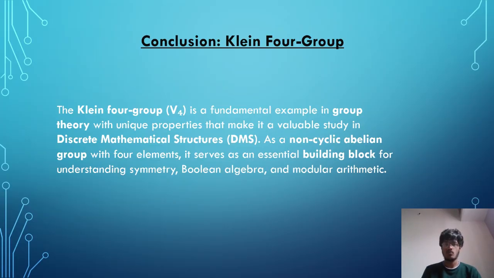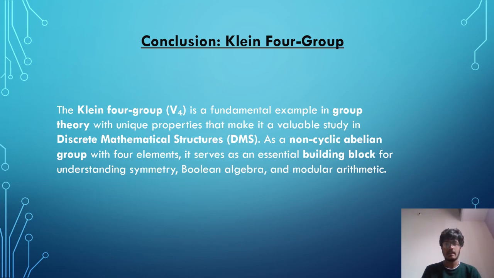The Klein 4 group V4, nothing but it should have the four orders. It is a fundamental example in group theory with unique properties that make it valuable to study in DMS, discrete mathematical structures, as a non-cyclic abelian group with four elements.